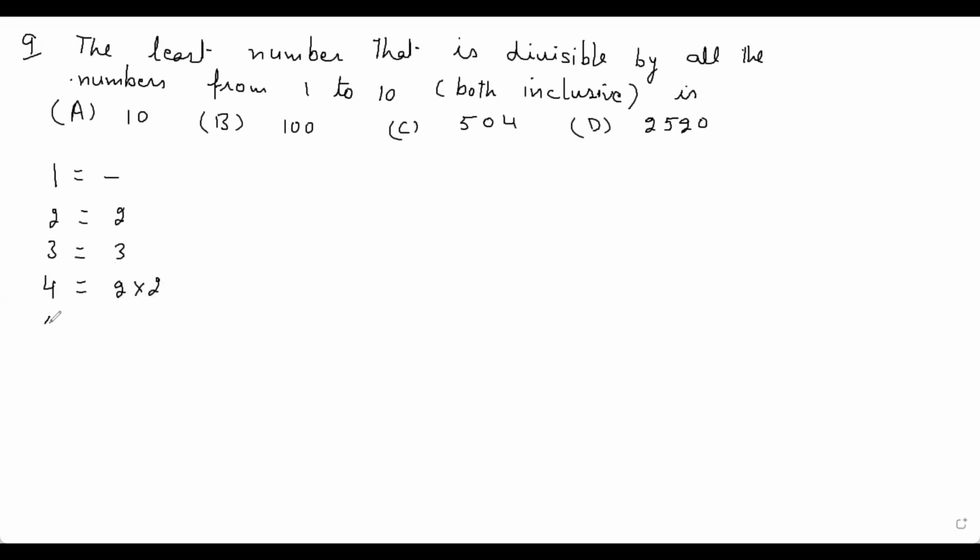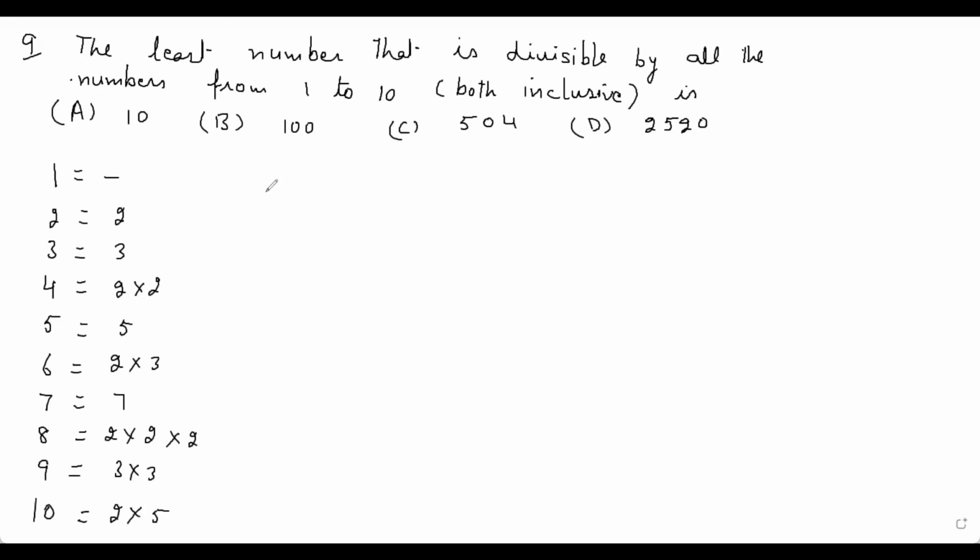What is the prime factor of 5? That is 5. What are the prime factors of 6? 2 and 3. What is the prime factor of 7? 7. 8 is 2 into 2 into 2. What is the prime factor of 9? 3 into 3. And what are the prime factors of 10? 2 into 5.